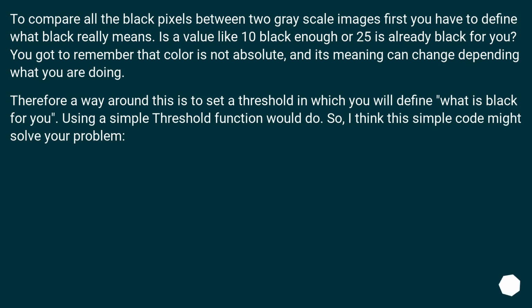To compare all the black pixels between two grayscale images, first you have to define what black really means. Is a value like 10 black enough, or is 25 already black for you? You got to remember that color is not absolute, and its meaning can change depending on what you are doing. Therefore, a way around this is to set a threshold in which you will define what is black for you. Using a simple threshold function would do.